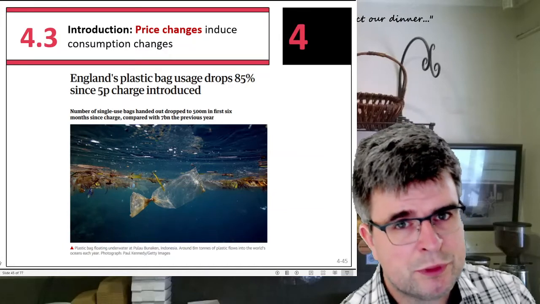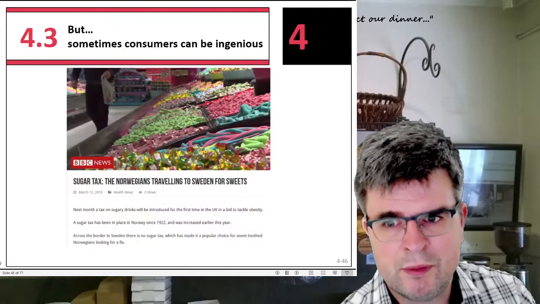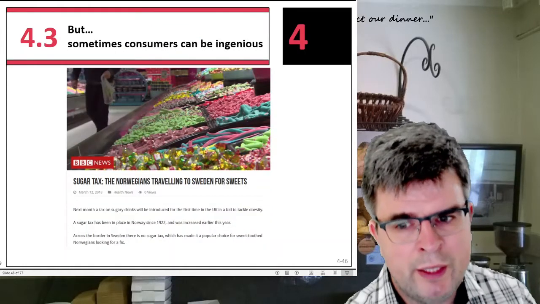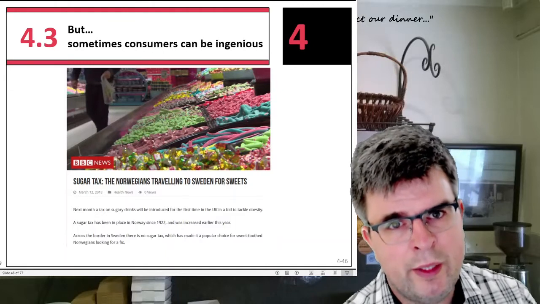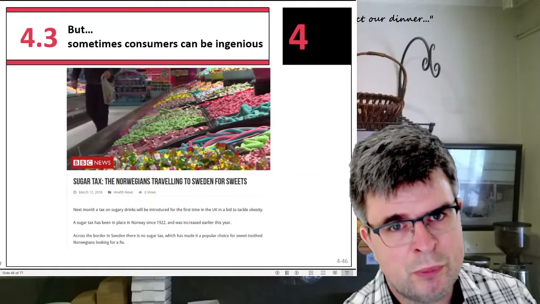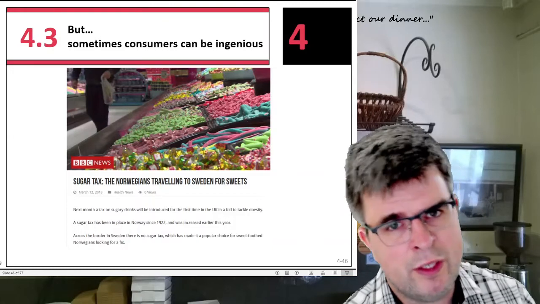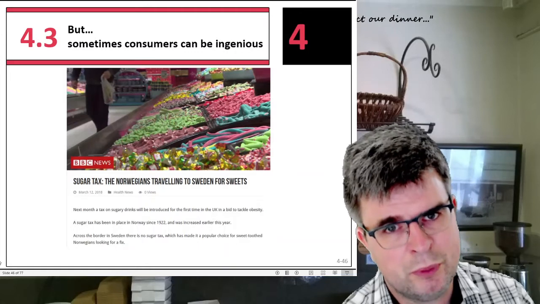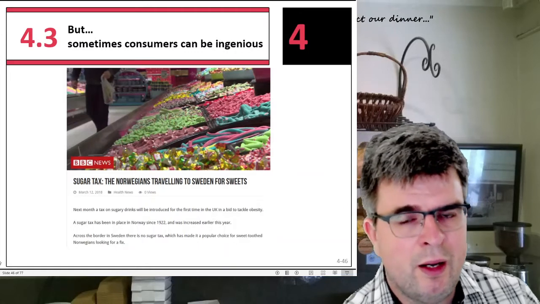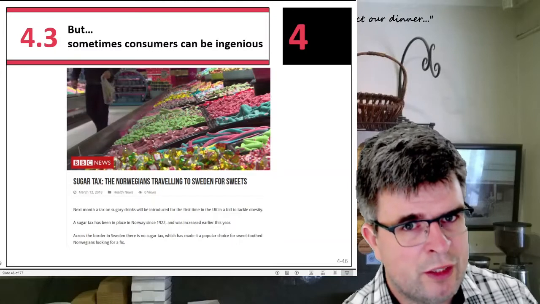However, consumers can also be very smart and outsmart the government and avoid taxes. So what happened in Norway is that they imposed a sugar tax onto consumers because eating a lot of sugar is bad for one's health and the health costs will soar. Now, did the Norwegians drop their consumption of sugary goods?